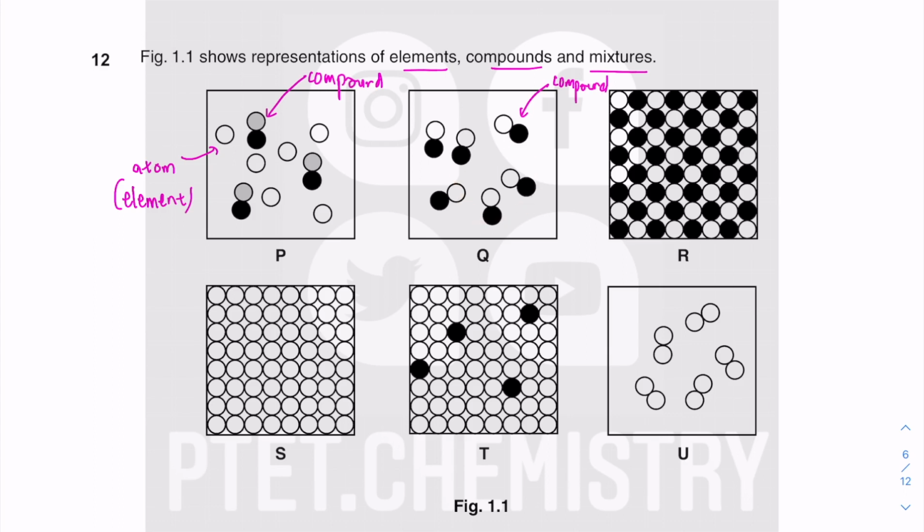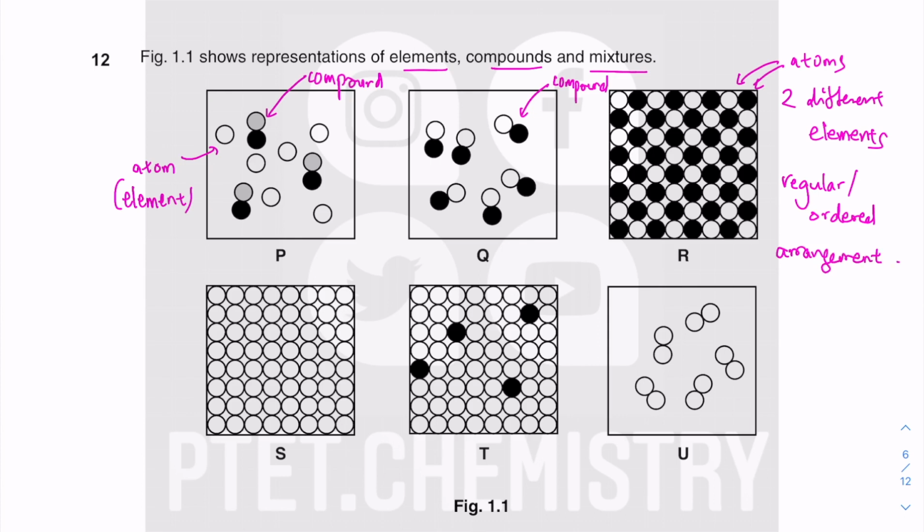Here you have atoms. You have two different elements, but you cannot really say that they are bonded together because they are simply packed really close together. But this is regular arrangement, regular or ordered arrangement. So this is definitely what looks like a solid to me.